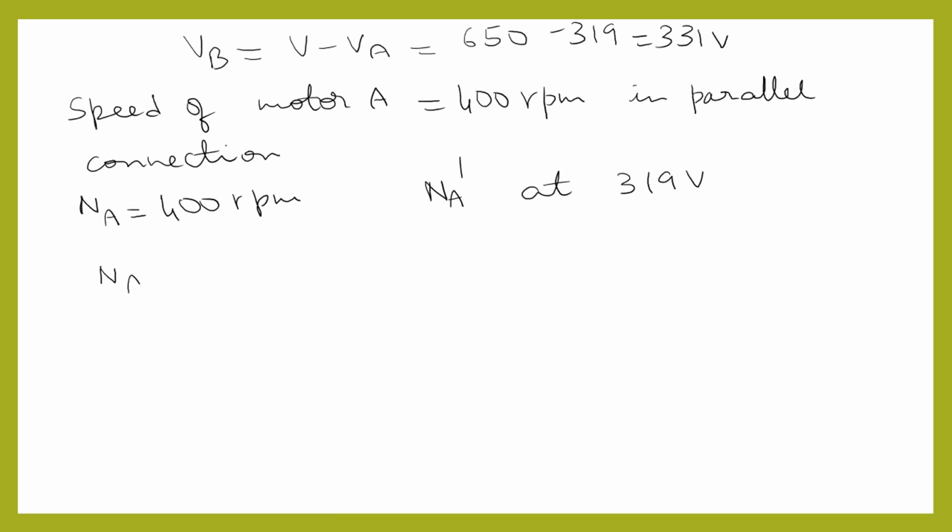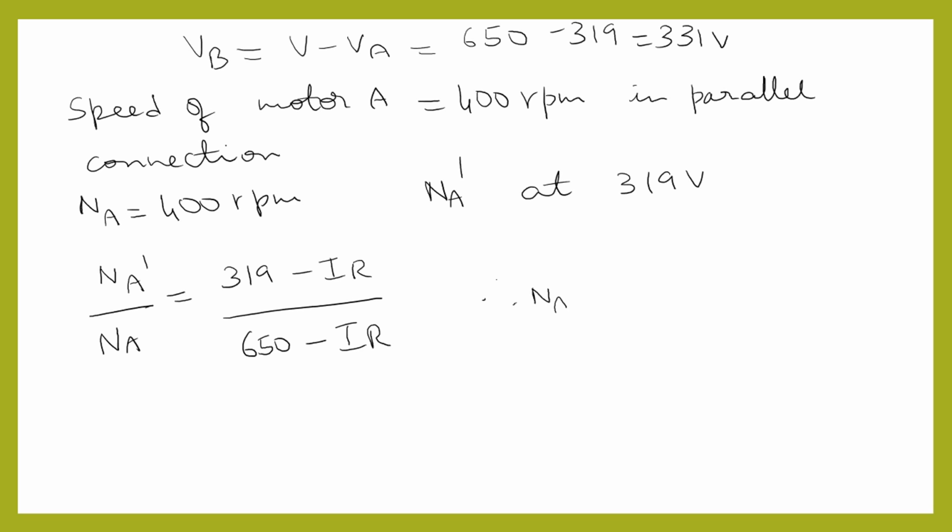Therefore, we have Na dash by Na is equal to (319 − IR) by (650 − IR). Therefore, we get Na dash as approximately 175 rpm.